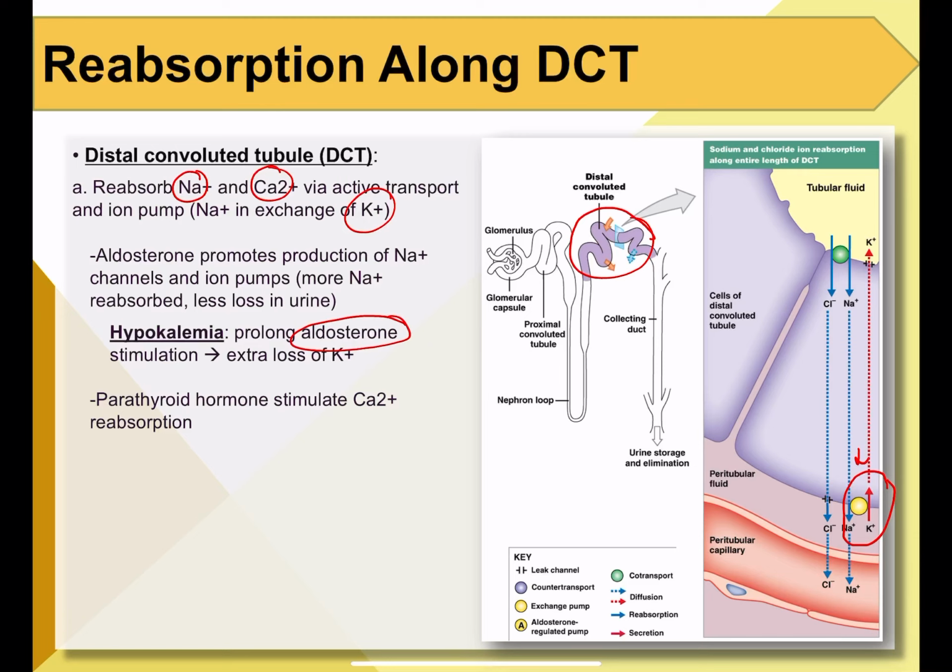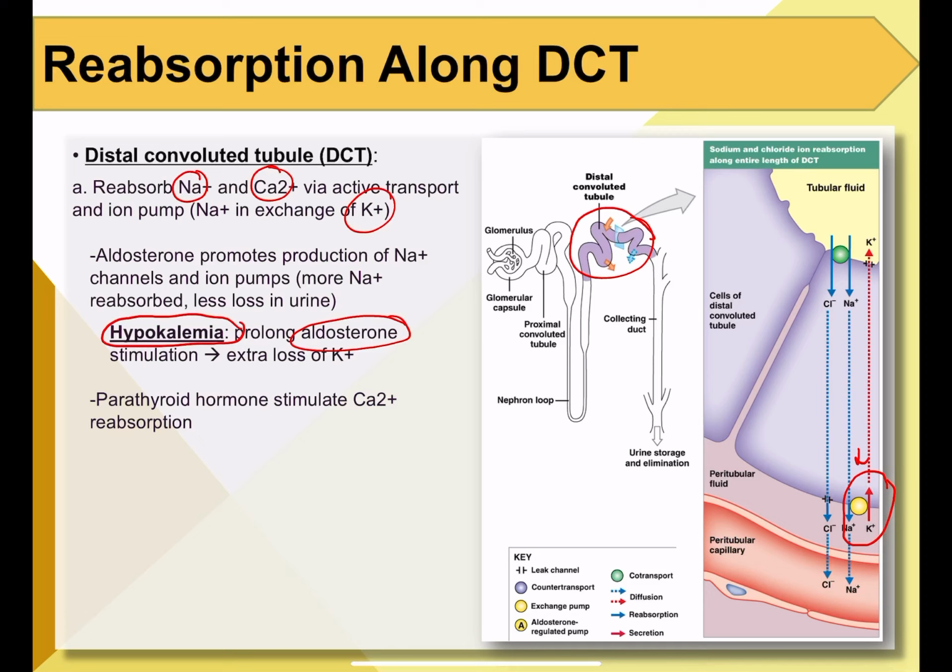For every sodium ion that you're reabsorbing, you're secreting potassium, which means if you're reabsorbing too much sodium, you're secreting too much potassium. This can lead to a condition called hypokalemia, which means you have too little potassium left in the body. We will revisit all of these conditions in the fluid electrolyte chapter.